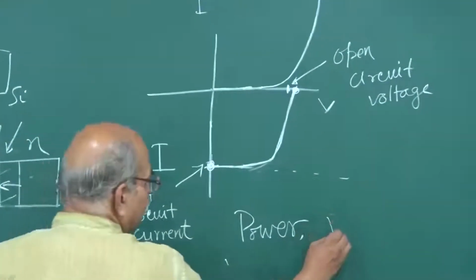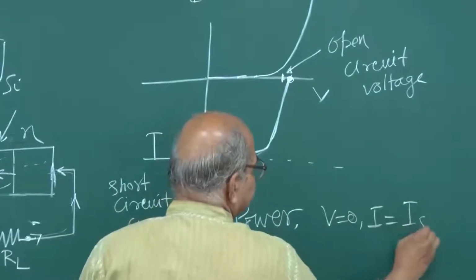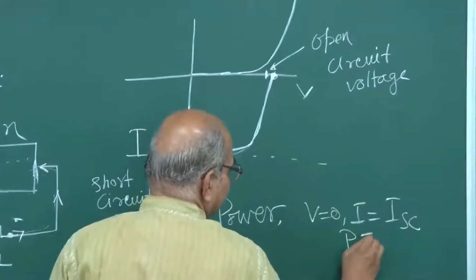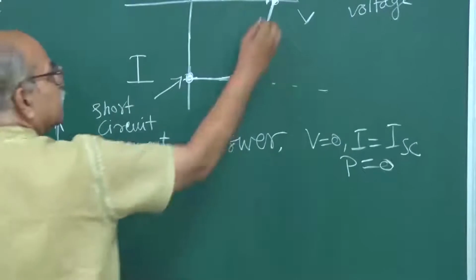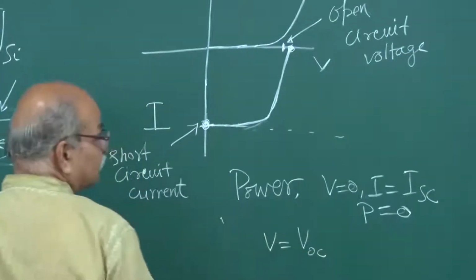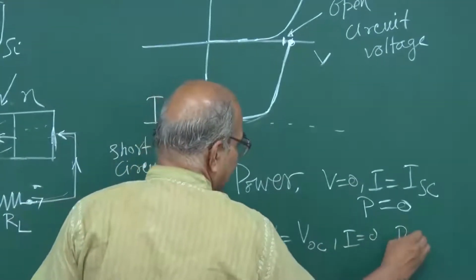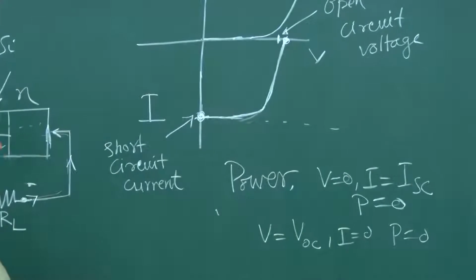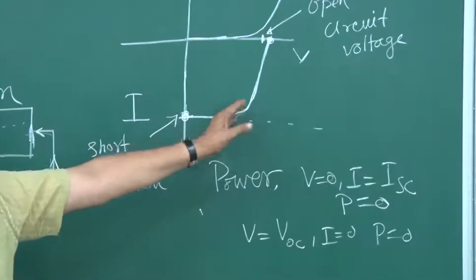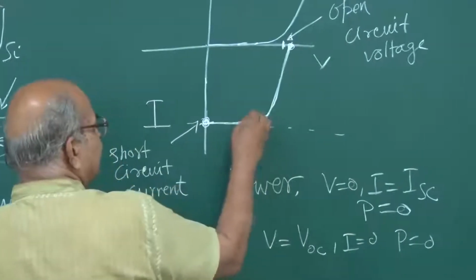when V is 0 and I is equal to I short circuit, power is 0, V into I is 0. In this case, when V is equal to open circuit voltage and current is 0, in that case also power is 0. So, power will maximize somewhere else, and normally it maximizes somewhere near this bend.